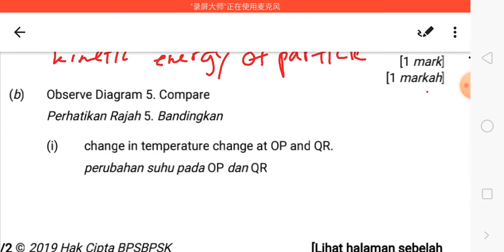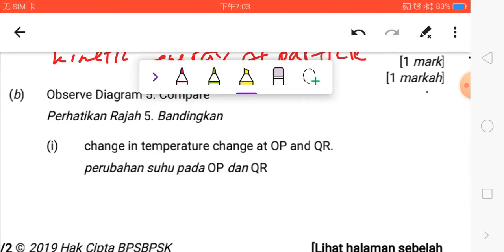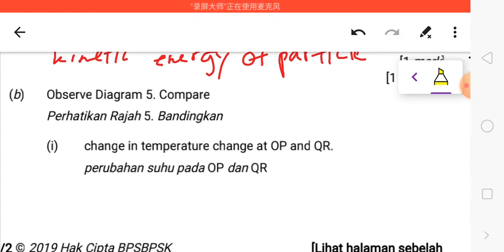So B1, observe diagram 5. Observe is quite an important word, so you need to write depending on your diagram here. Compare the change in temperature at PQ and QR.